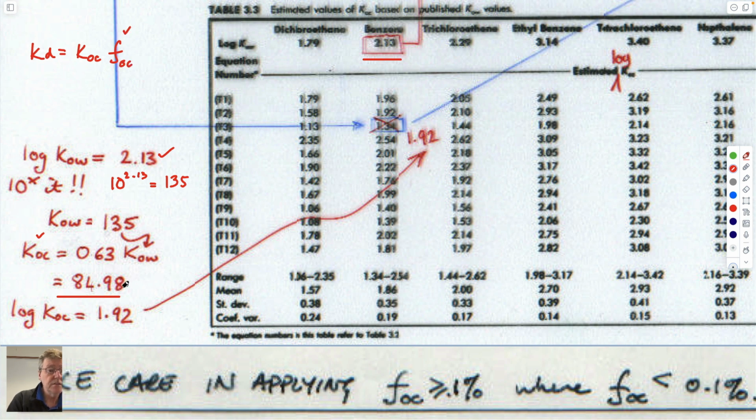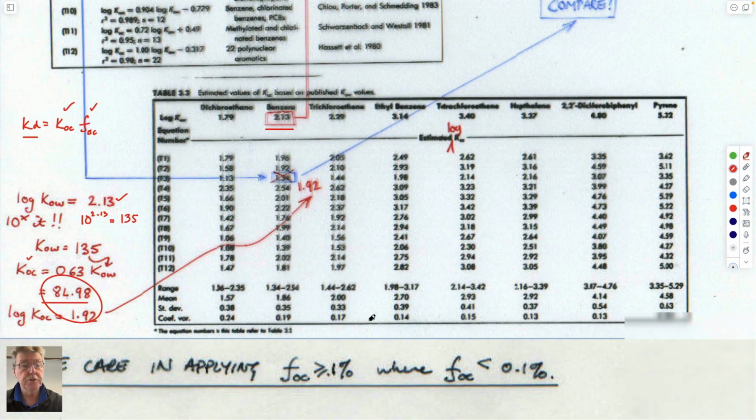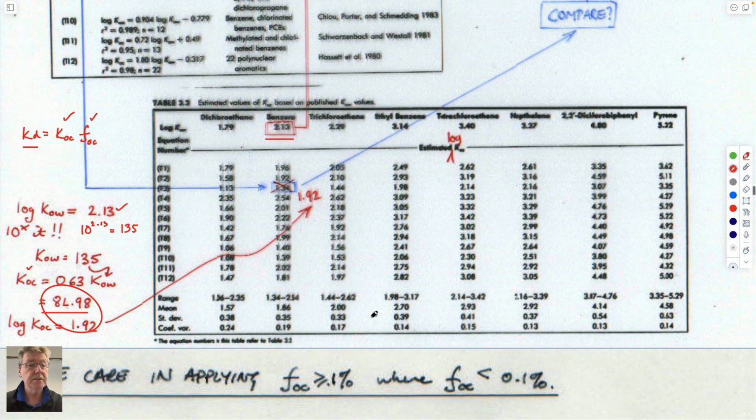If we know what this is, we know what this is, and then we have this, KD. And then the rest is just substituting this into the retardation coefficient to be able to use it.